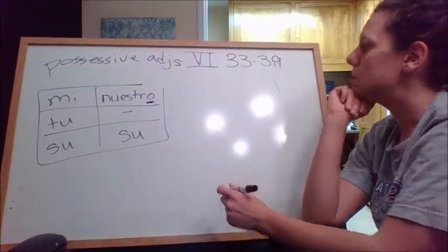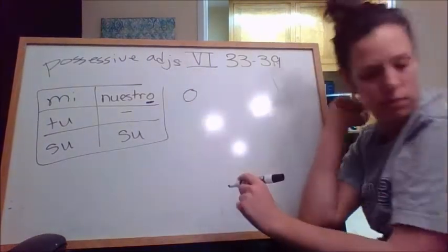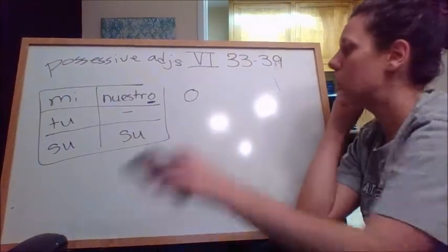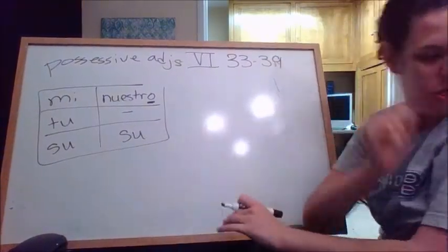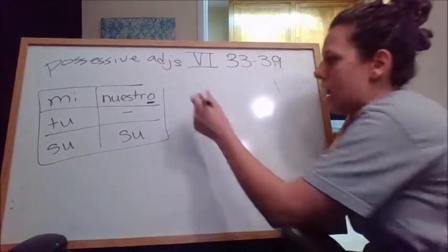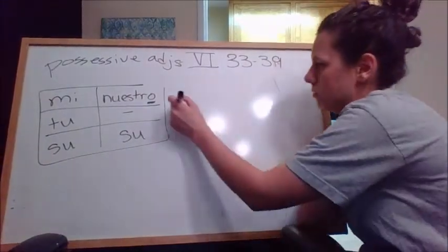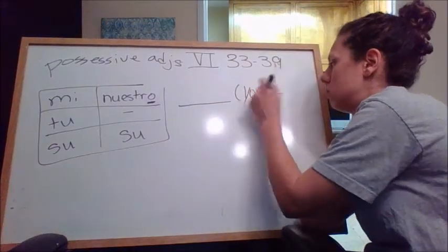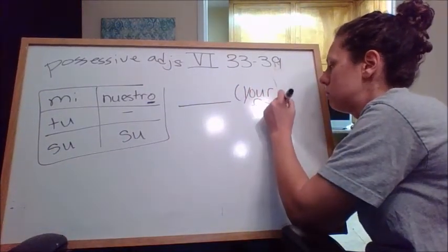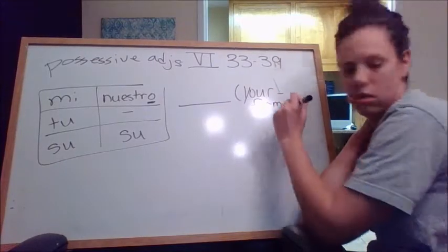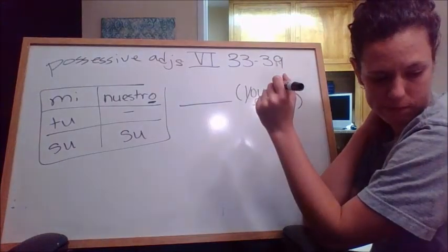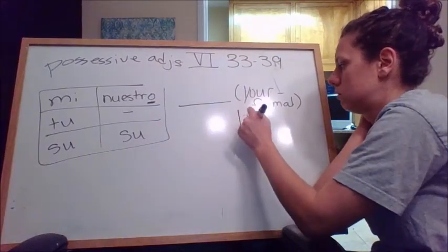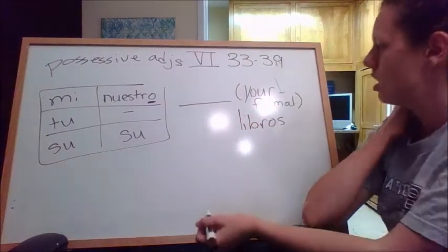So if I had something like our, well, yes, okay. So let me just show you. This section is going to look like this, and then it's going to have your, formal, libros. Okay.